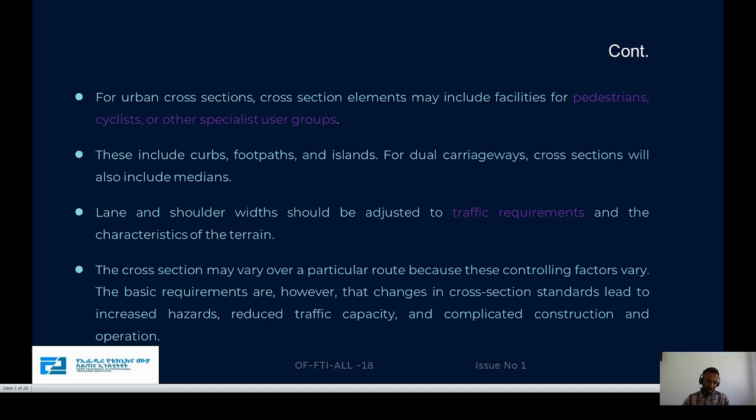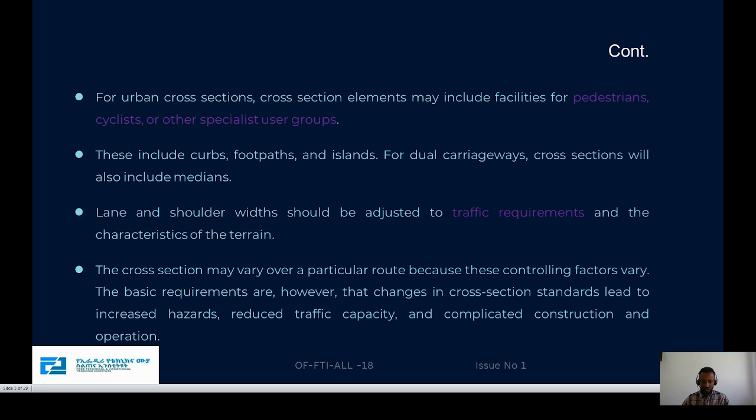So the lane and the shoulder width is related to the traffic requirements. The cross section overall will be factored by different parameters.